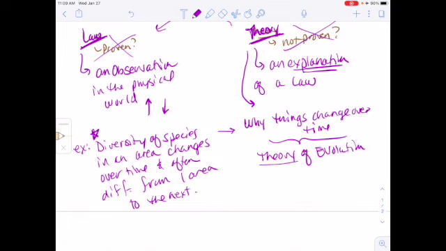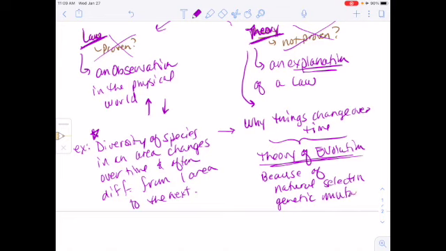The theory of evolution basically states things change over time because of natural selection or genetic mutation or something called genetic drift, that sort of thing.